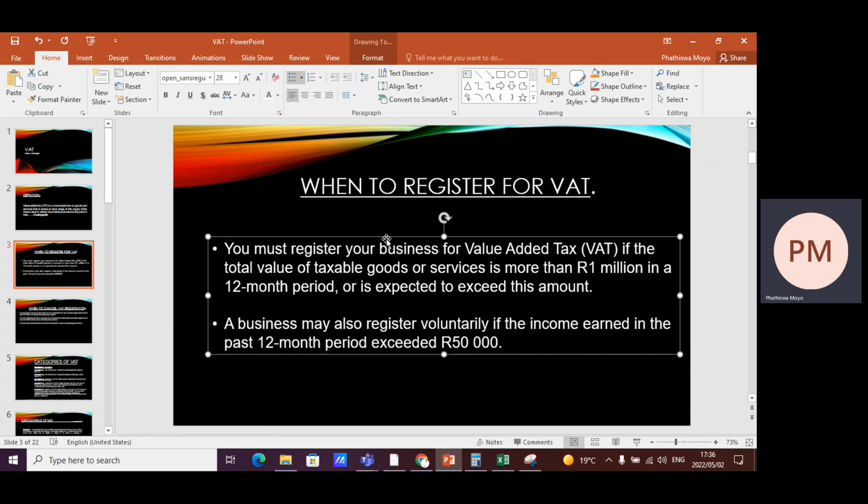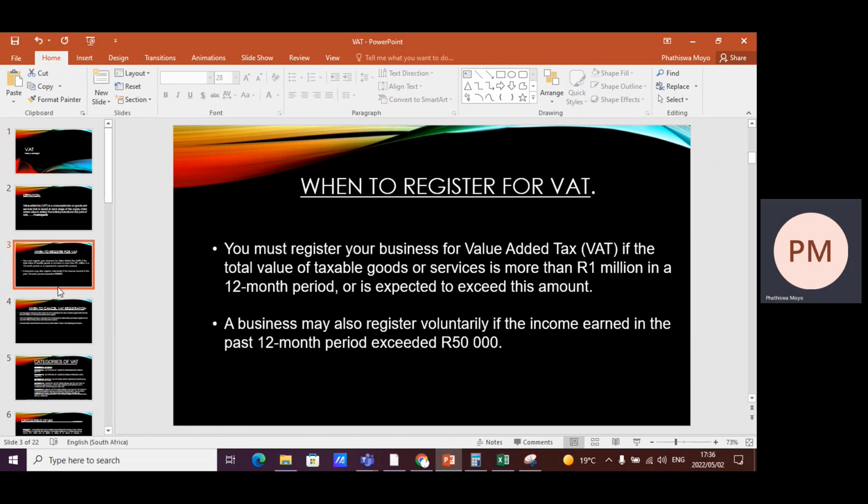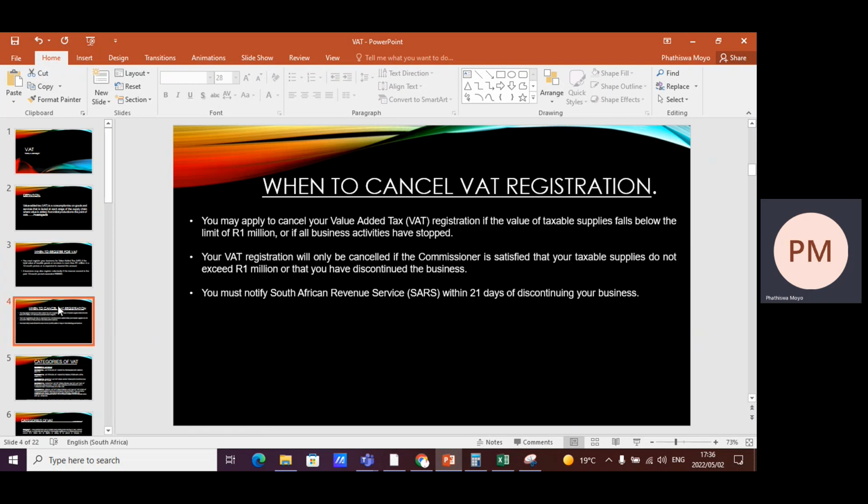Or a business can register voluntarily if it's making more than 50,000, if the other party in the transaction requires the business to be a VAT vendor. It can happen that you win a tender and they expect you to be a VAT vendor, even if you're not making a million. So in that case, you will voluntarily register.